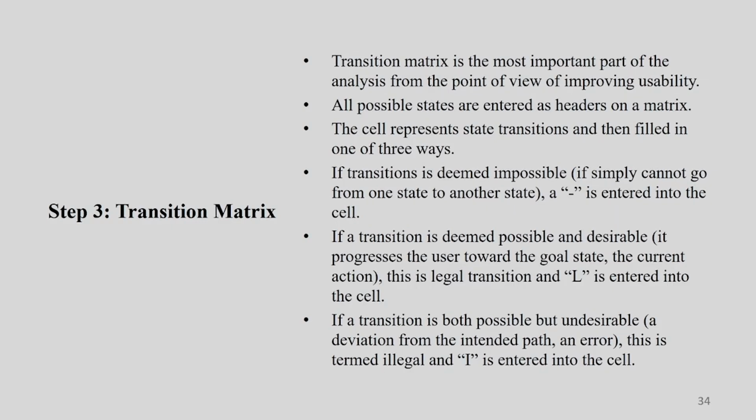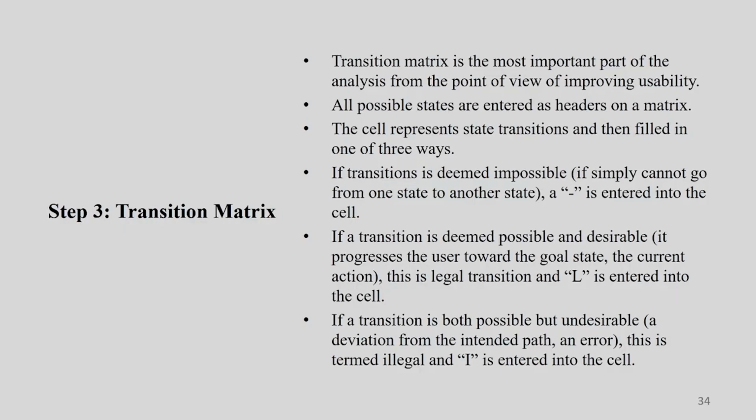Now, of course, the transition matrix is very important to understand, because if we do not understand the transition matrix, we will not be able to identify what are the exact interaction points between the human and machine and where we should start our intervention, design intervention, safety intervention, training intervention, whatever interventions we need to do, okay. So, the transition matrix is the most important part of the analysis from the point of view of improving the usability.